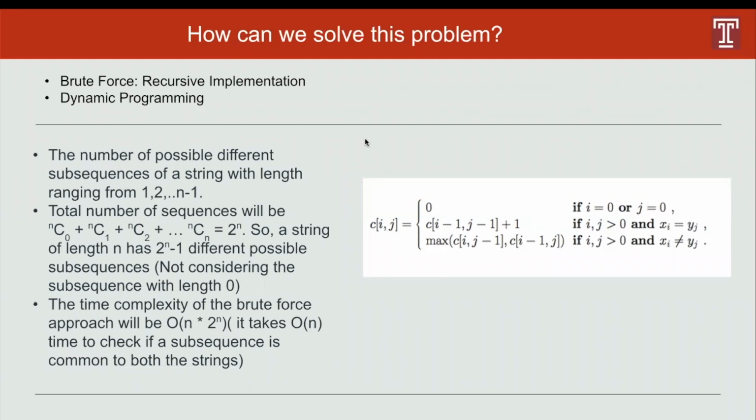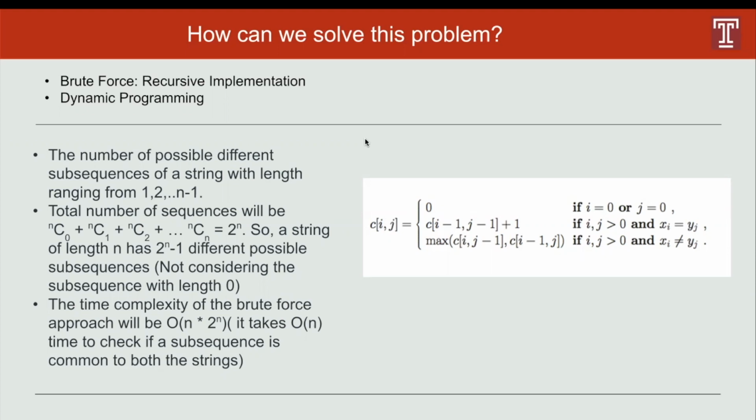There are two ways we can solve this problem. First is brute force, that is the recursive implementation, and another is dynamic programming. In the brute force recursive implementation, we have to find all the possible subsequences. The number of possible different subsequences for a string, with lengths ranging from 1 to n, totals 2 to the power n.